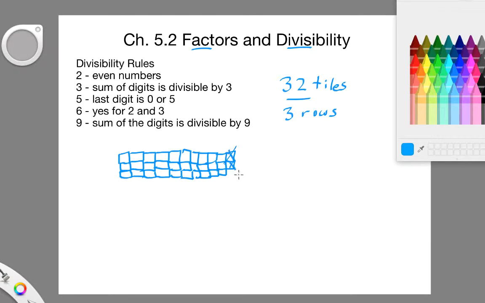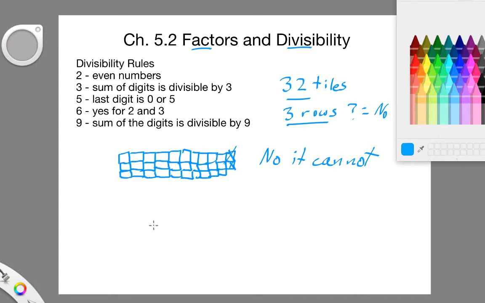So I can't do that. That means the answer is no. It cannot have 3 rows. Question mark equals no. Okay, so this is just using a model.